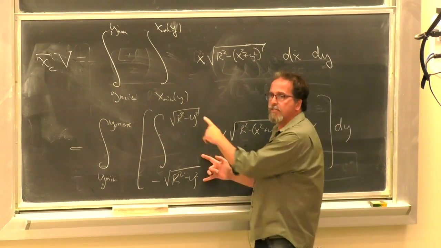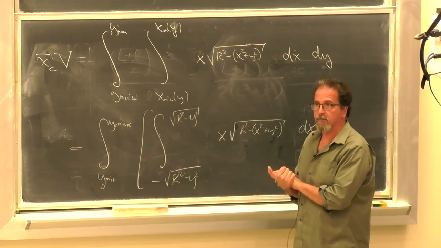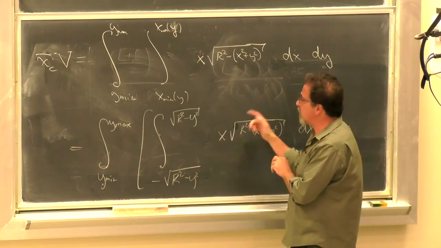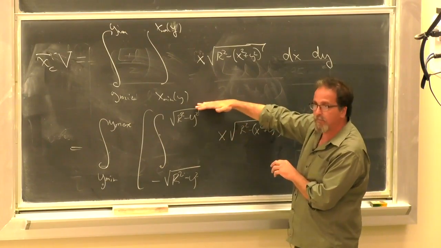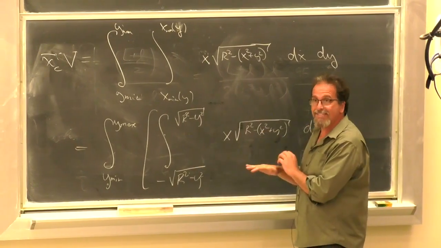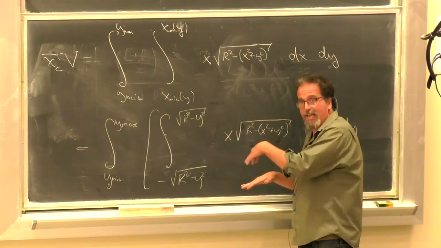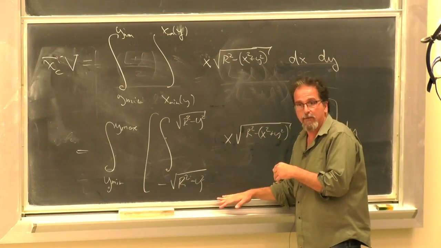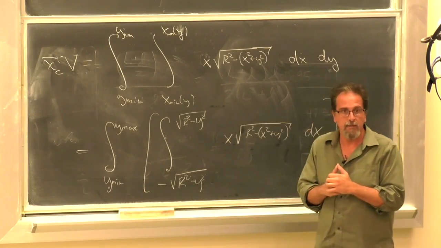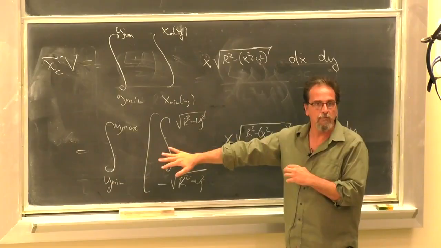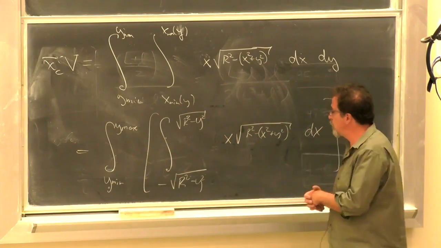The domain is symmetric. So when you integrate this, you're going to get positive numbers when x goes from 0 to the positive amount, and the same numbers, albeit negative, when x goes from 0 to the negative amount. And they'll cancel each other. Okay? In other words, this integral is 0. And so the whole result is 0, and so the whole numerator is 0.